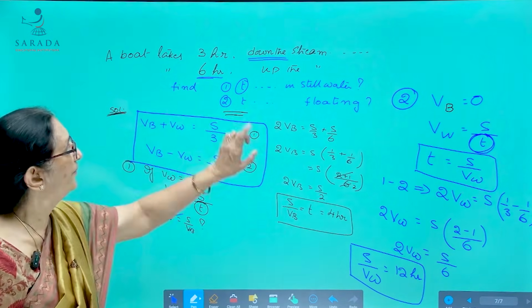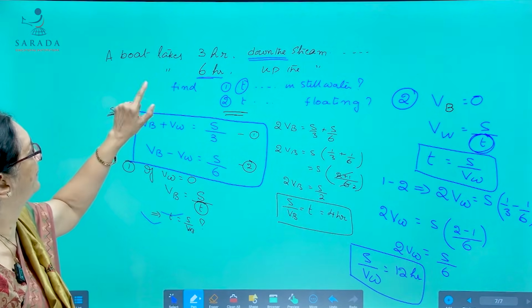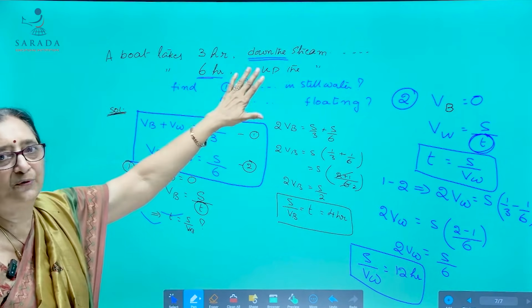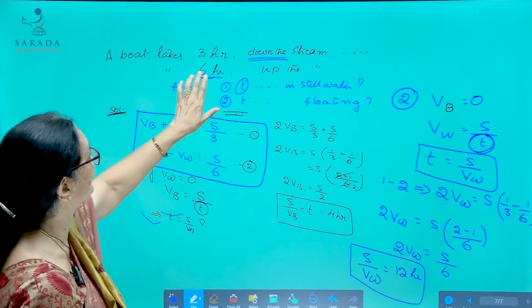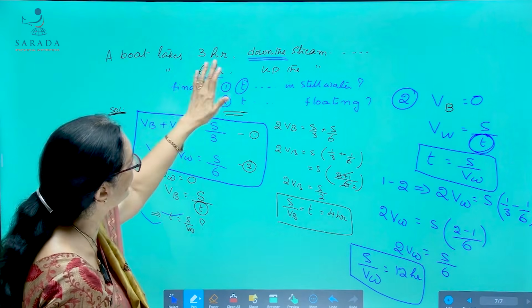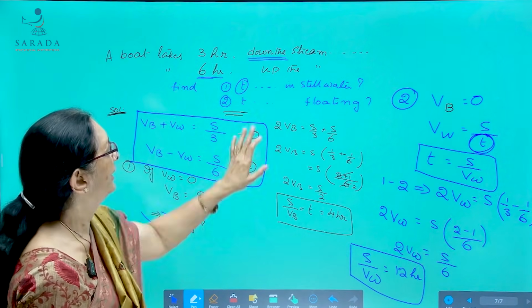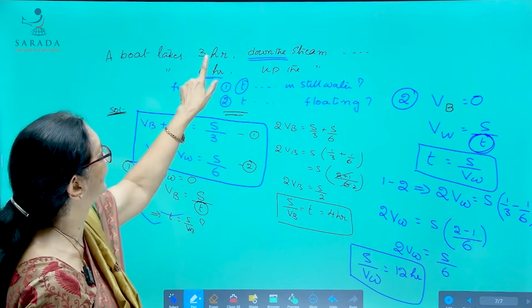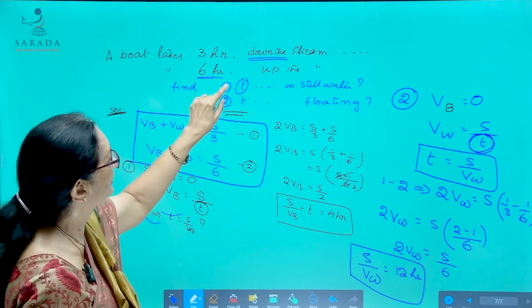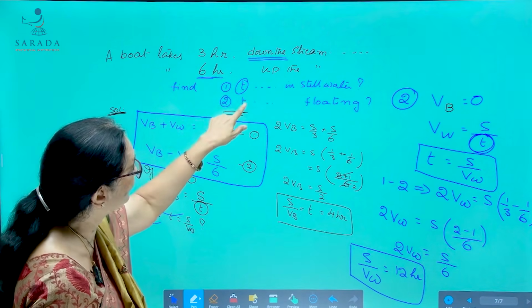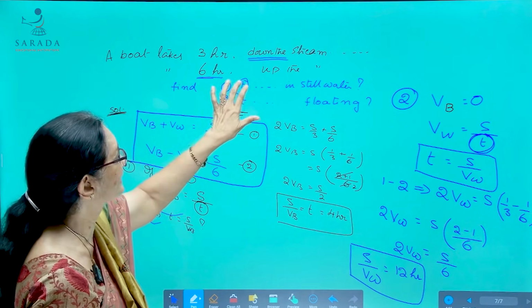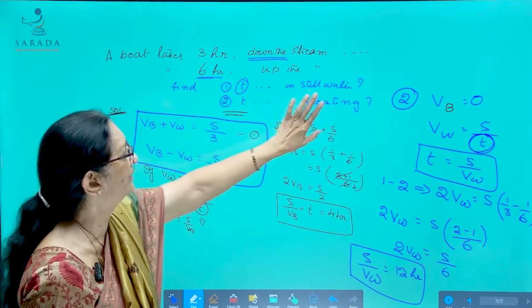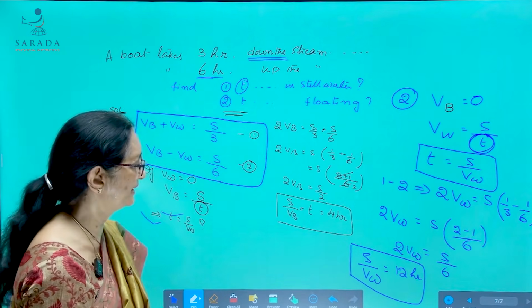Now, in the question it is given, a boat takes 3 hours to move down the stream a certain distance, and it takes 6 hours to cover the same distance up the stream. You are supposed to find the time taken by the boat to cover the same distance in still water, and then when the boat is floating.